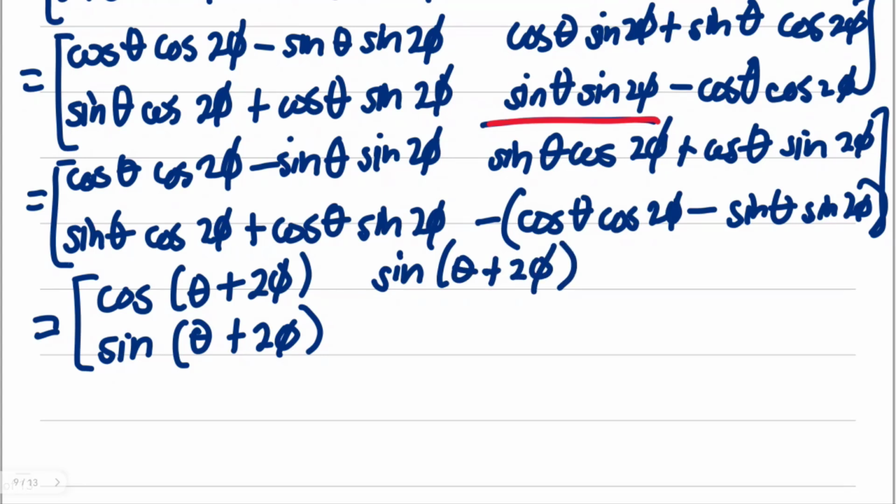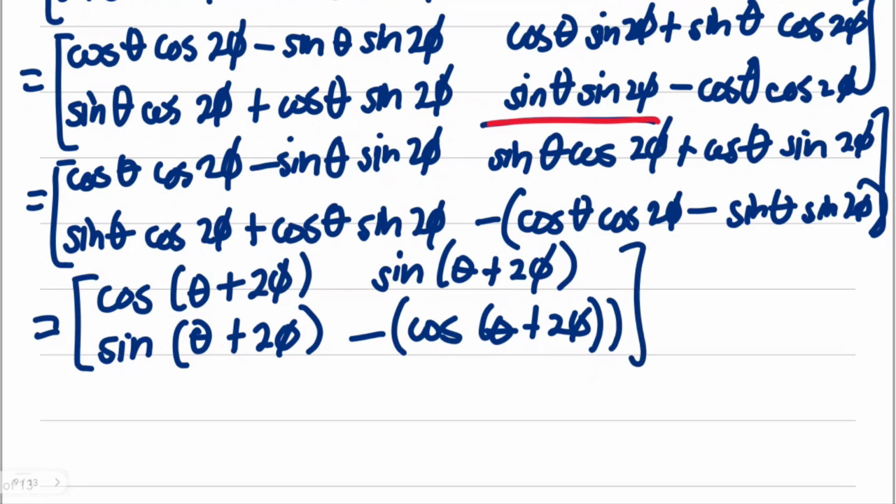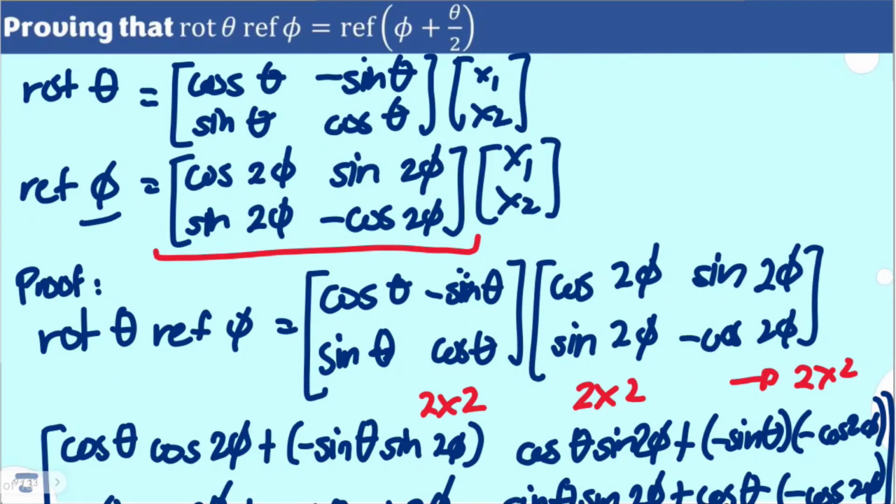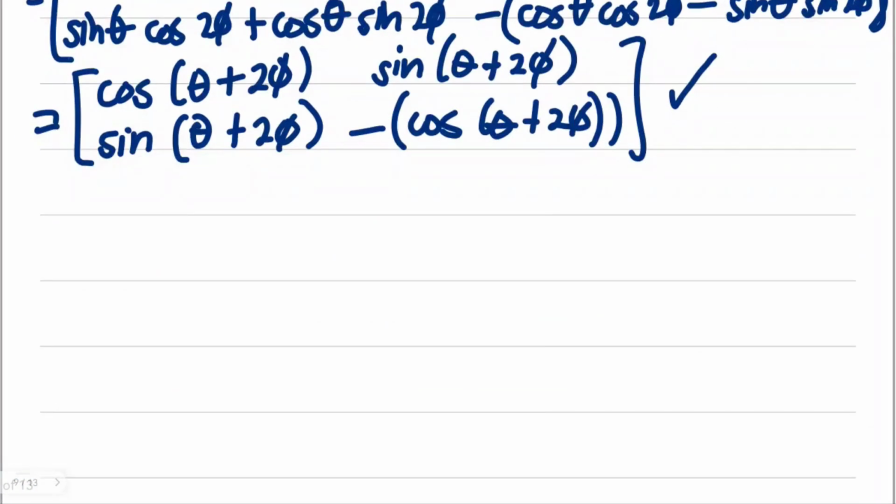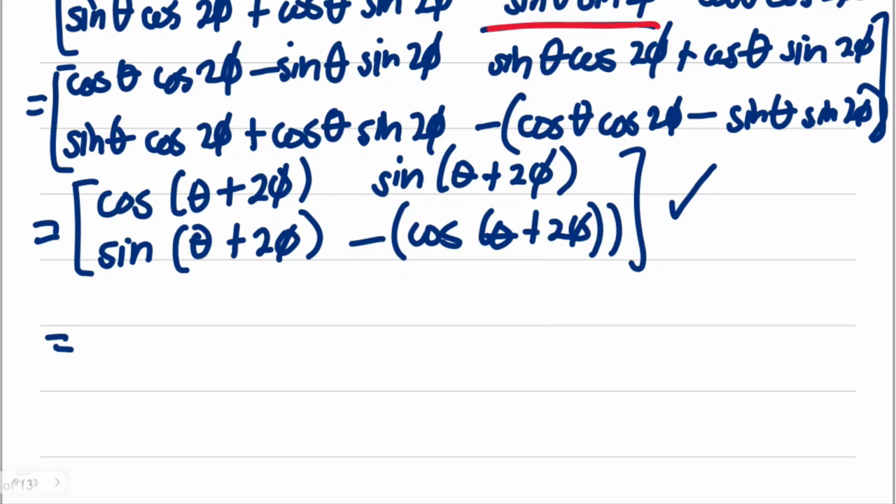And at the last one, you have negative, and you have the cosine of the sum of theta and twice phi. Okay? So this is actually a more simplified form, and this fits the criteria of reflection as the negative is on the last entry. Here, negative. This means it is equivalent to the reflection.